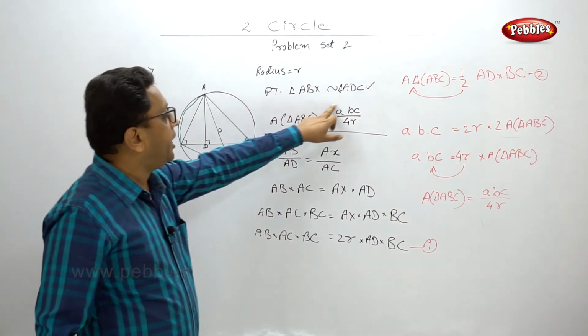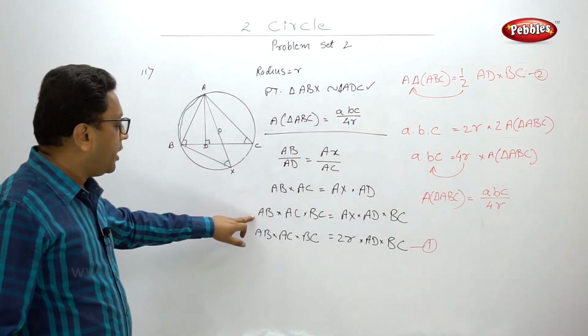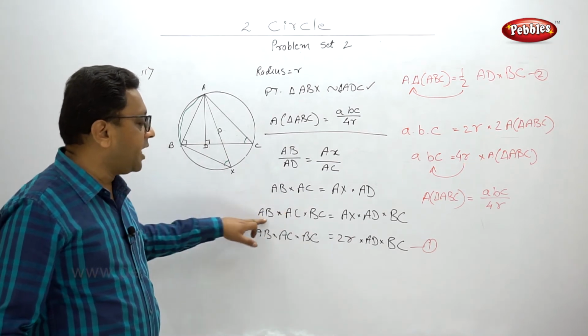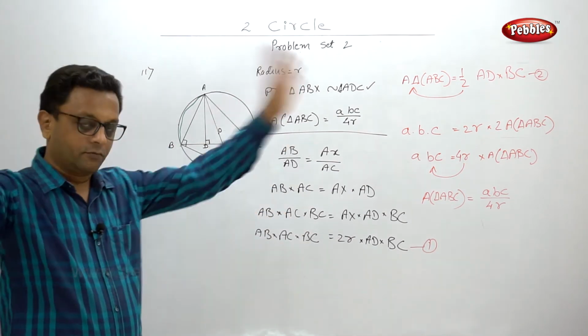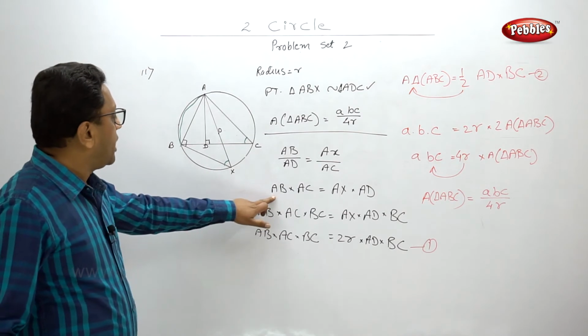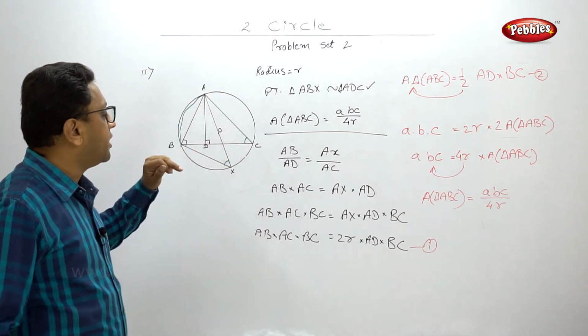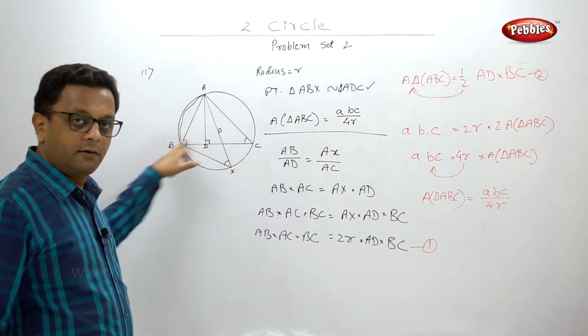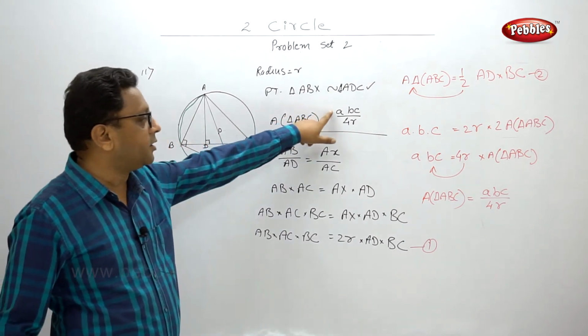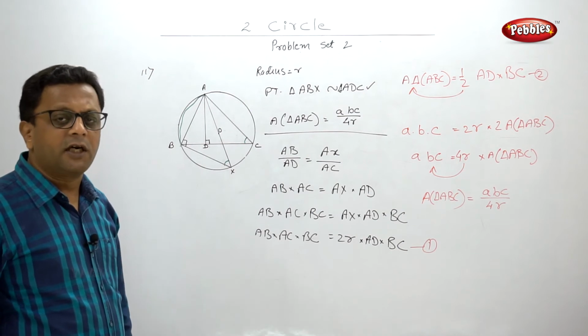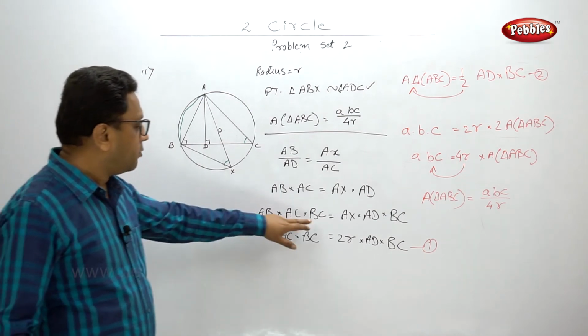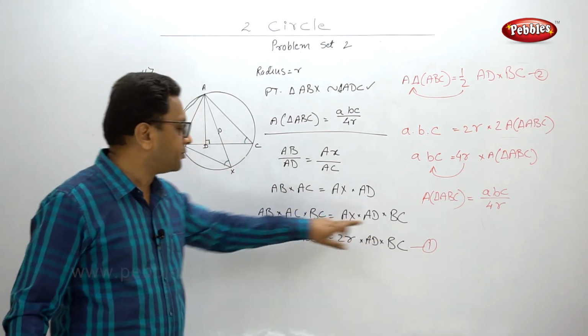What we wanted here was abc. We have AB, that is c, and AC, that is b, but side a is not there. This small a is not there. So I will multiply both the sides by BC.